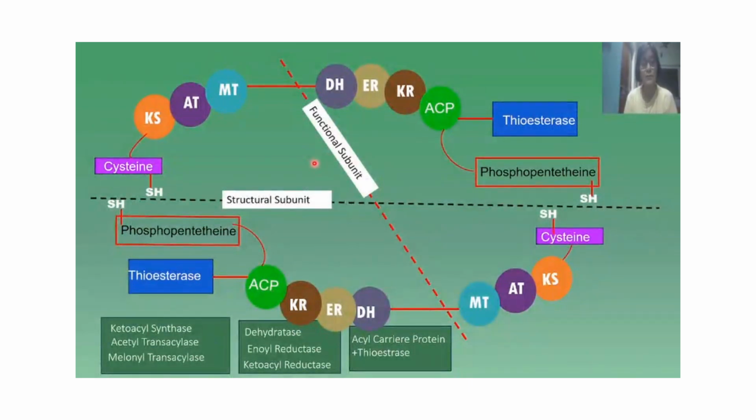So, functionally, half of monomer 1 and the other half of monomer 2 are required for the synthesis of one molecule of palmitic fatty acid. Thus, the complete dimer can synthesize two molecules of palmitic acid at the same time.